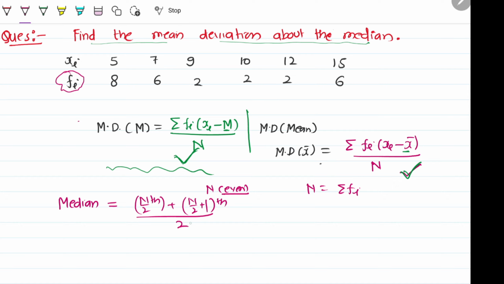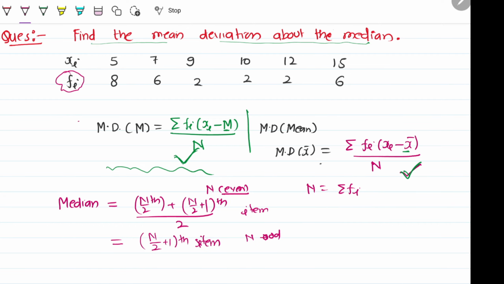It means it will be the average of the two middle values. If capital N is odd, then your median would be the (N by 2 plus 1)th item. Once again I will discuss this in detail.